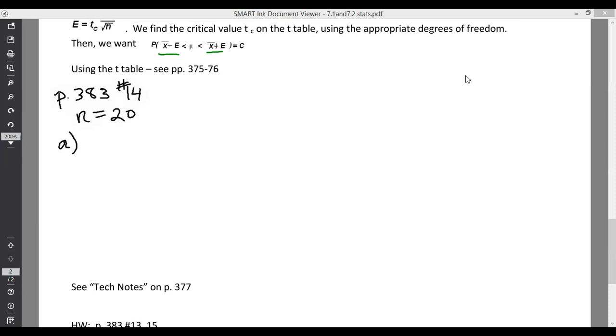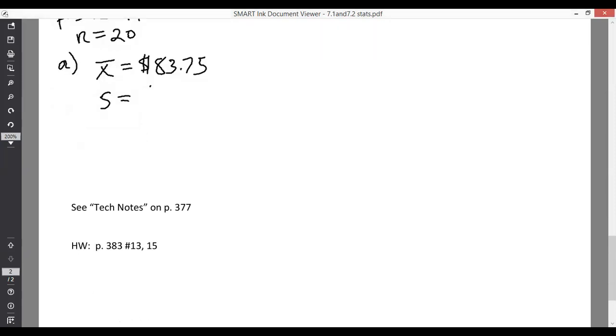We're given in part A that X bar is $83.75, and that the sample standard deviation is $28.97.